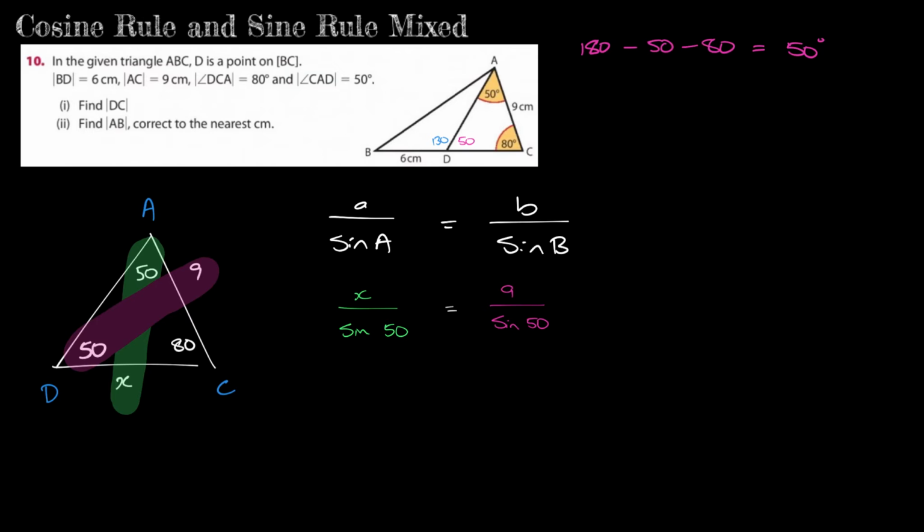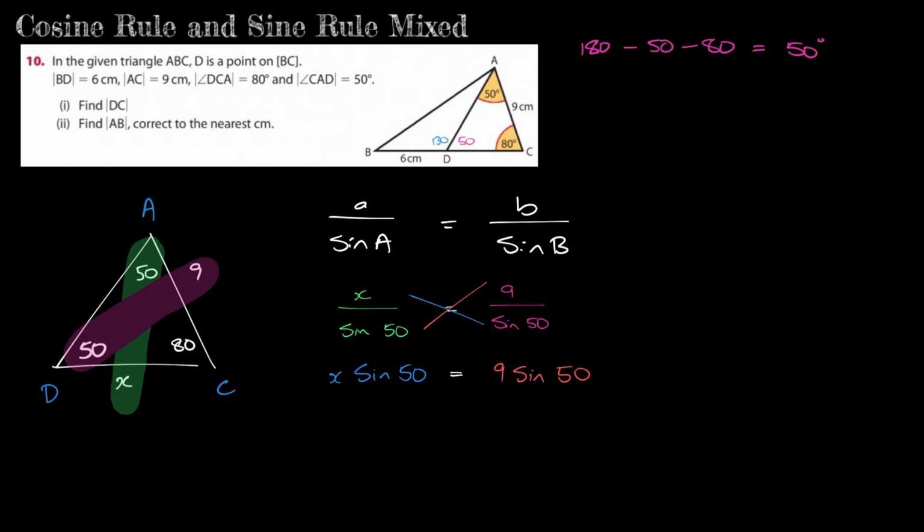When I get this far, I need to cross multiply. So I'm going to multiply two of them together and multiply two of these together. Again, at this stage, this isn't a lesson on using the sine rule. You should be able to use the sine rule at this stage. So x sine 50 will be equal to 9 sine 50.